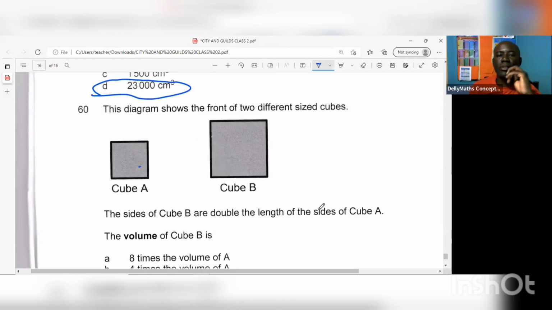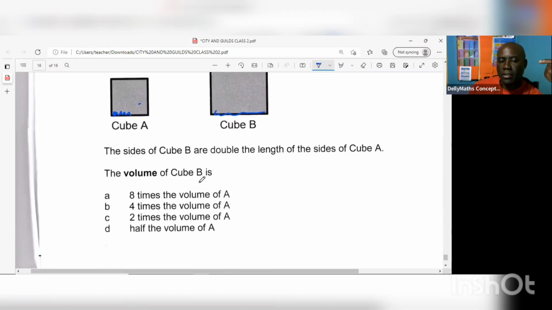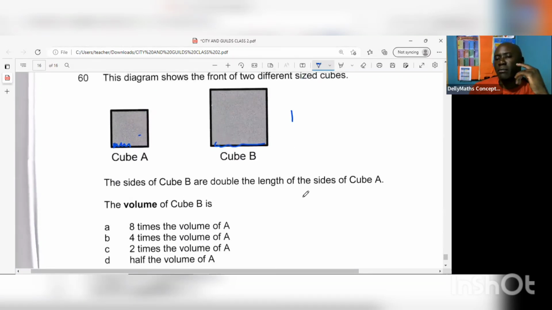All right, so the diagram shows the front of two different size cubes. The sides of cube B are double the size of cube A. So when you think about this side to that side, they're doubling. What is the volume of B? So the scale factor is 2 because it doubles from here to here, but that's for length.